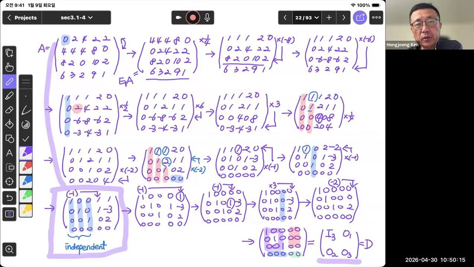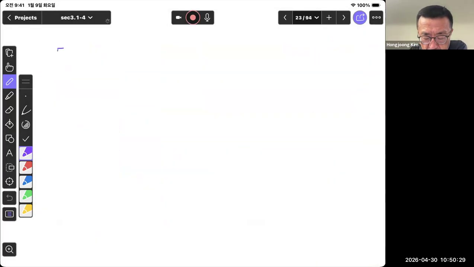E1 is the elementary matrix obtained from the identity matrix by interchanging the first two rows.